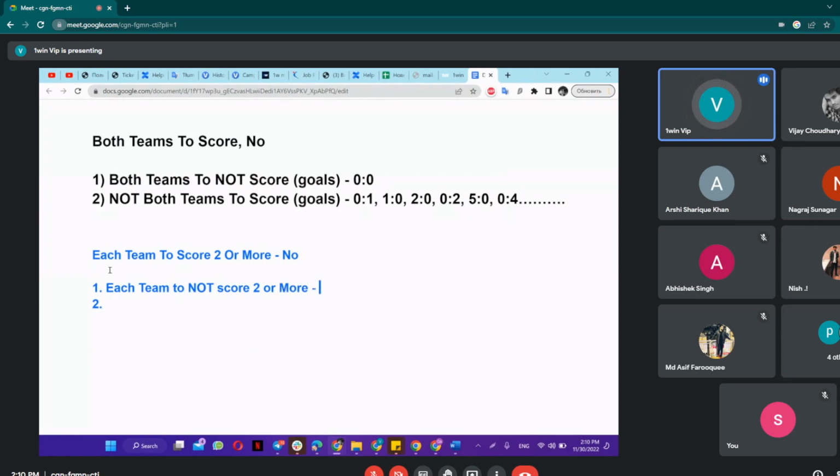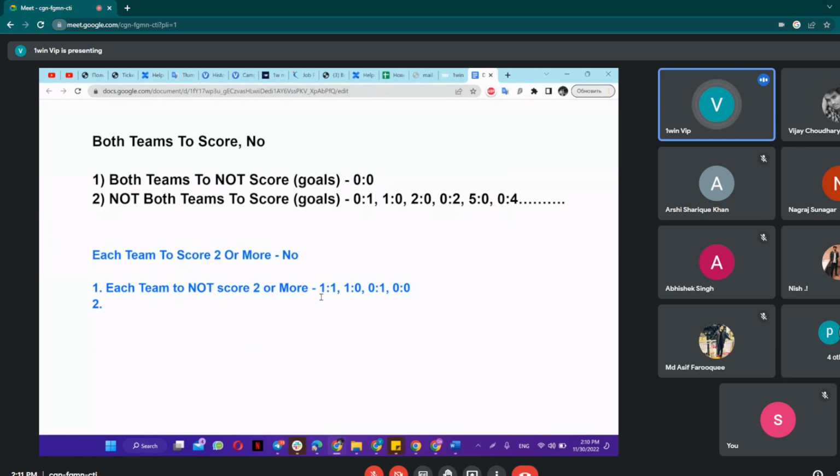So each team to not score 2 or more goals means each of the teams should have less than 2 goals. Okay, so we can start from 1-1. It's already less than 2. We can also have 1-0, also 0-1, and 0-0.